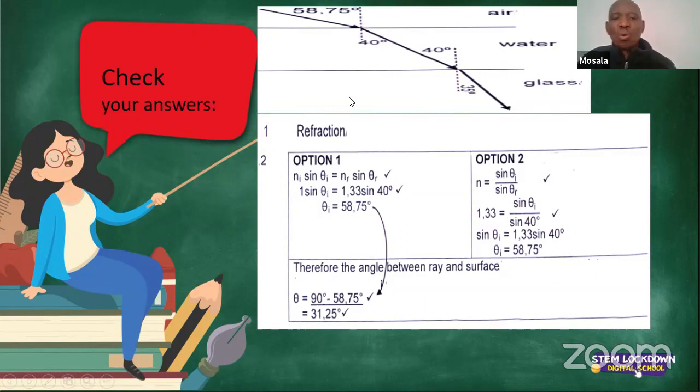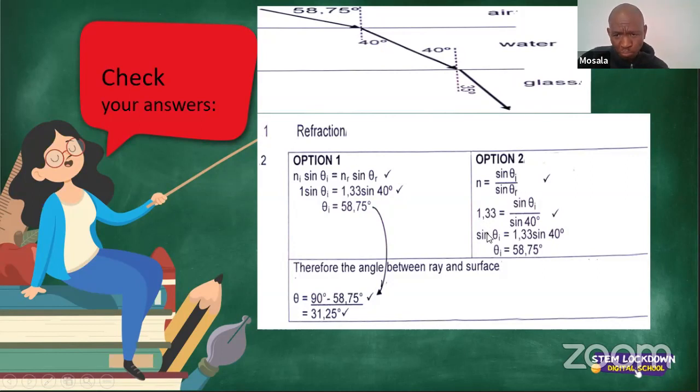After that, if this is 58.75 degrees, it means the normal makes 90 degrees with the surface. Then we subtract 58.75 from 90 to get this angle. So your answer should be 31.25. The same thing, you can get the angle of incidence by saying the refractive index of water equals the sine of the angle of incidence over the sine of the angle of refraction.